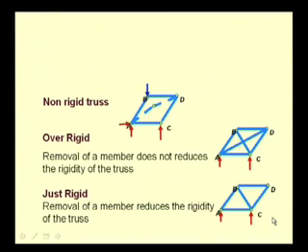So, here we see a truss which is just rigid. Here, even if you remove one of the members, either BD, CD, the rigidity of the truss is lost and the structure deforms under the action of any external loads. And we are interested to design such kinds of trusses which are just rigid.